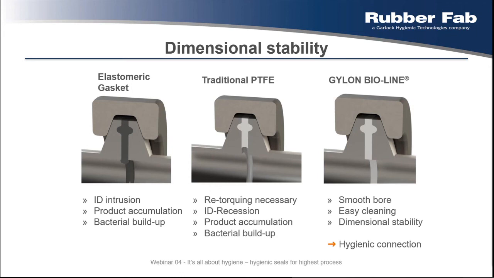I hope this answers the question for now. Of course, we can definitely pick this one up and show you some more information on the manufacturing process and on why we know that the materials do not have the cold flow and the creep that other traditional PTFE gaskets show.